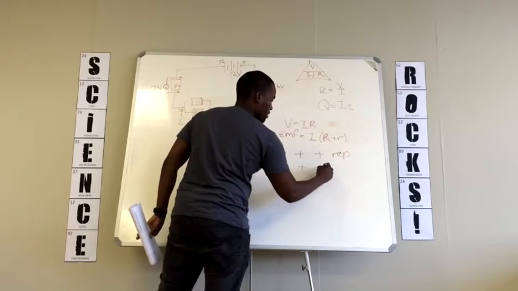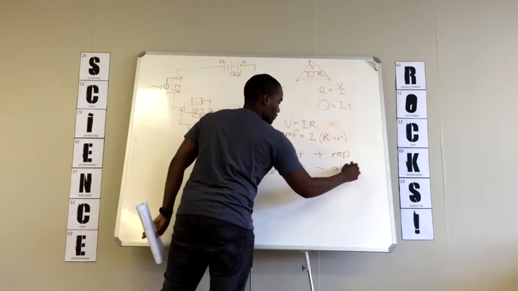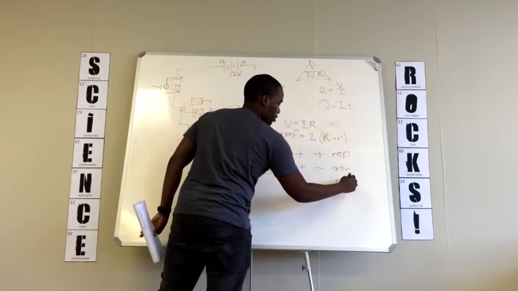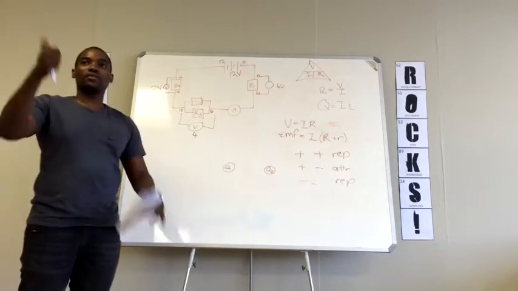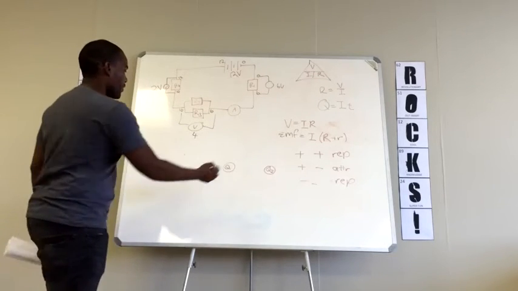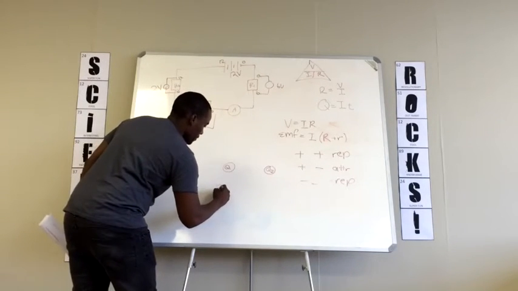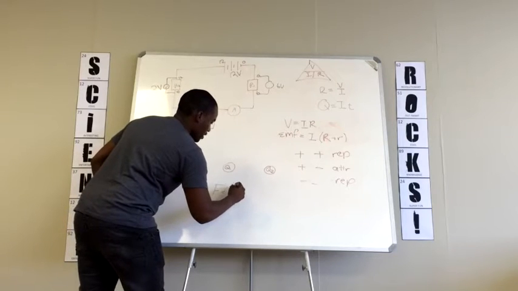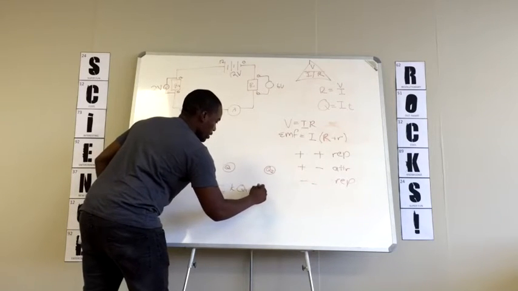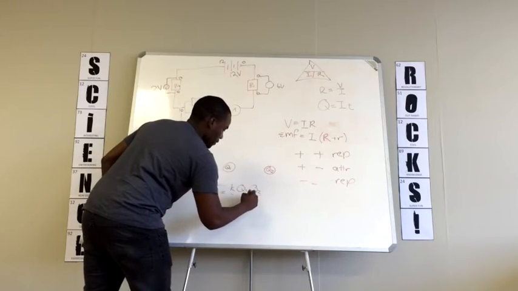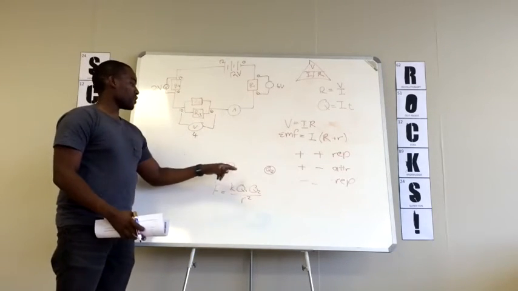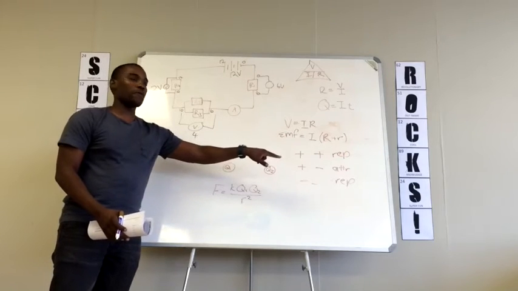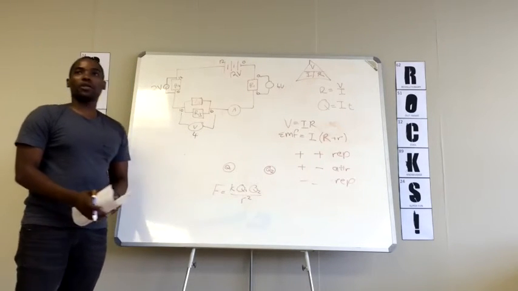If one is positive and one is negative, they will attract. And if they're both negative, they will repel. Like charges repel, opposite charges attract. Okay, cool. And then the equation that we have there is simply F electrostatic is going to be K, my constant, times Q1 times Q2 divided by R squared. And remember, the force that Q1 exerts on Q2 is the same force that Q2 exerts on Q1.